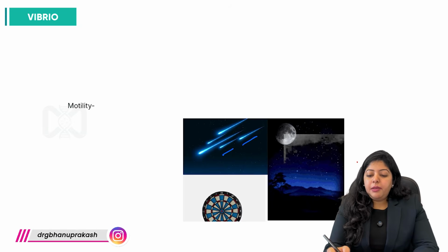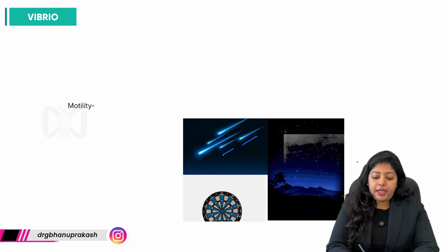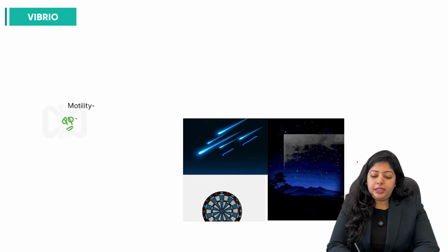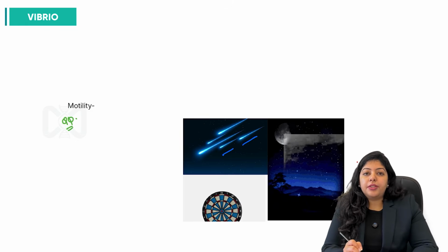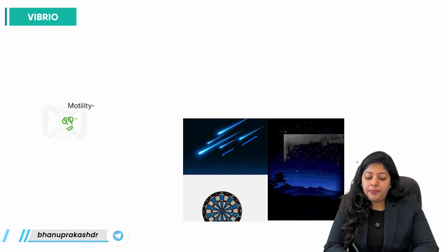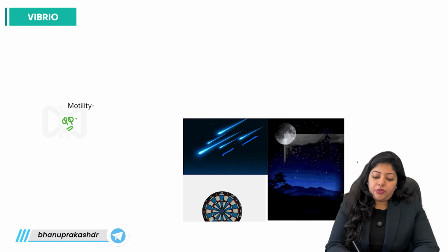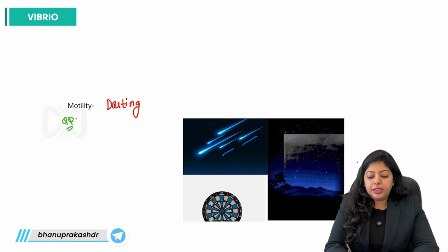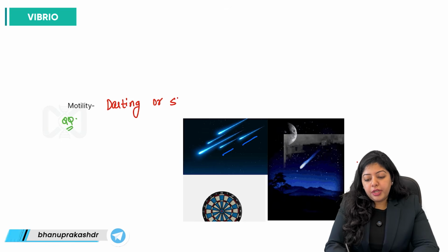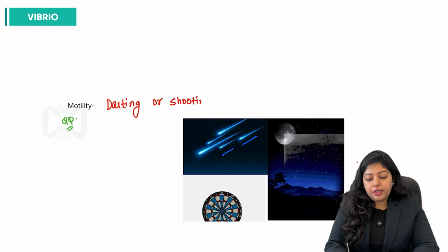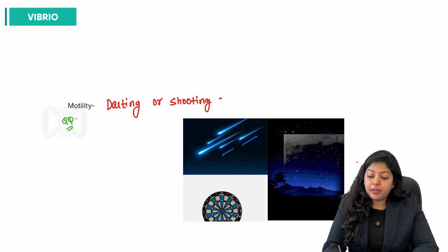A very important question for your exams, very frequently asked, is the type of motility depicted by this bacteria, and it is one of the favorite questions from this topic. The type of motility is darting or shooting star motility.